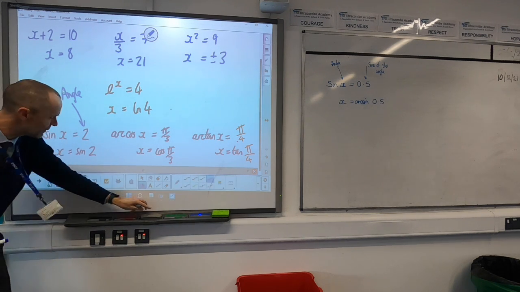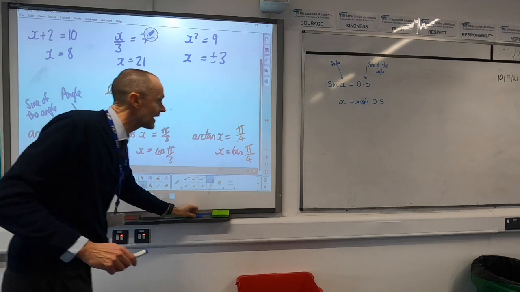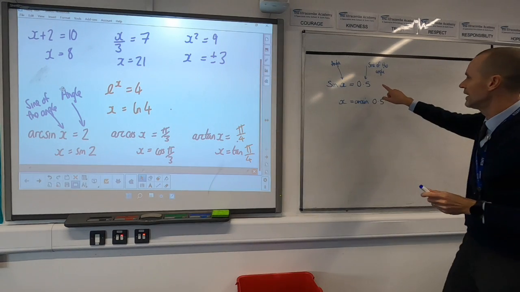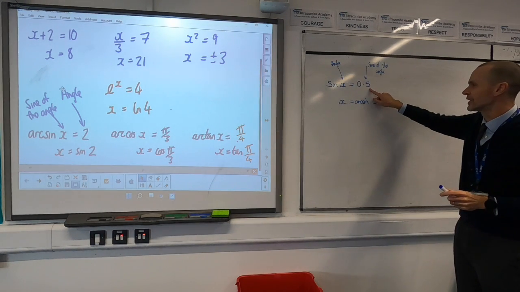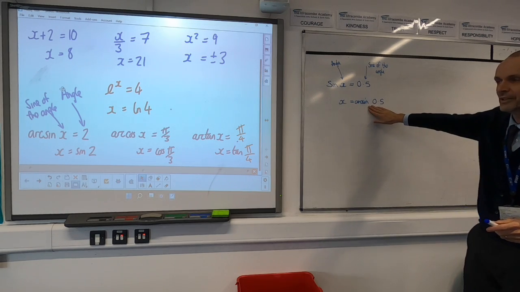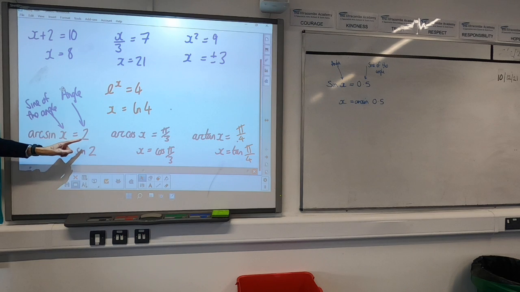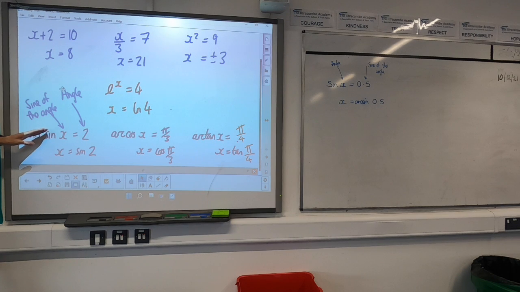So I think the first thing it's worth making a note of is in this statement, this is the angle, this is the sine of the angle, and we work out the angle by doing shift sine of 0.5. Here, this is the angle, and what we're doing is we're working out what the sine of the angle is by using sine.